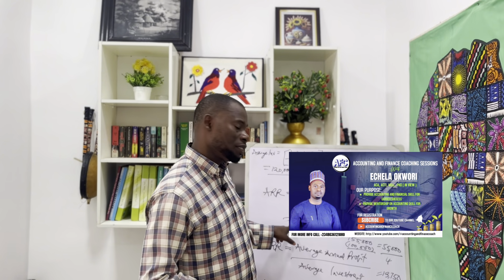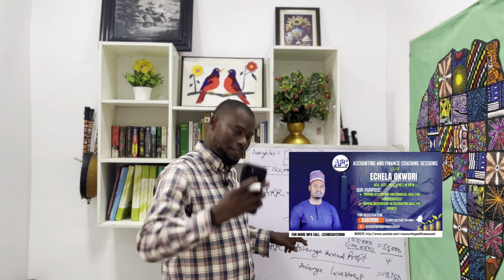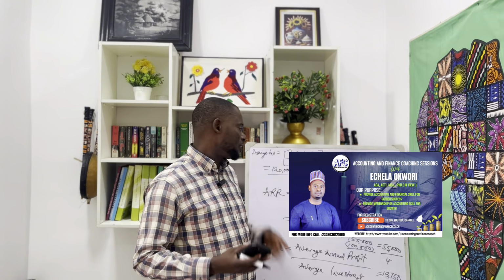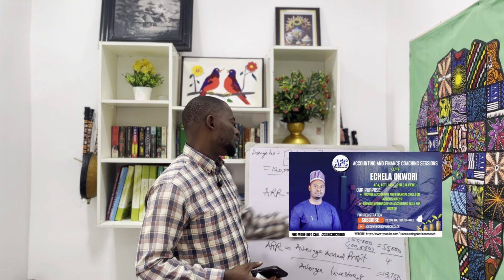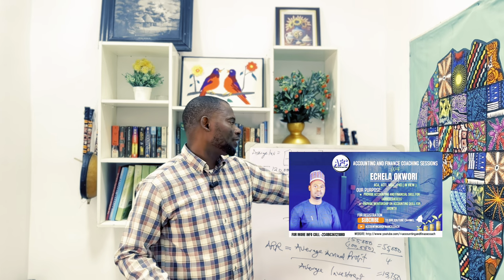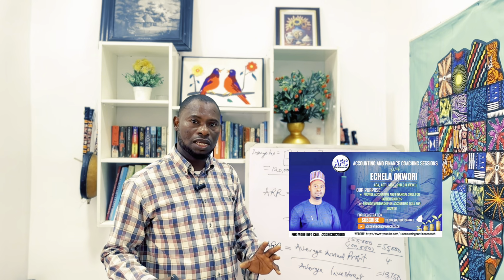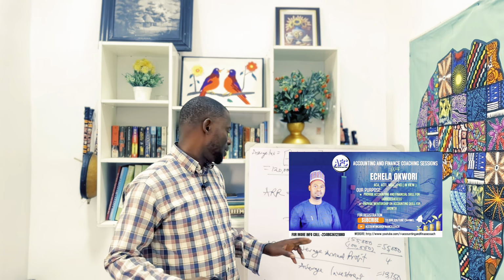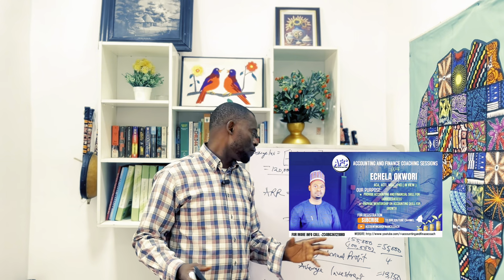In this case, the rate of return the organization will get on the project, if it undertakes it, will be better than 15%. If what we calculated had been less than 15%, like 14 or 13 or 12 or 10, then the project would have been rejected. So that is the accounting rate of return.